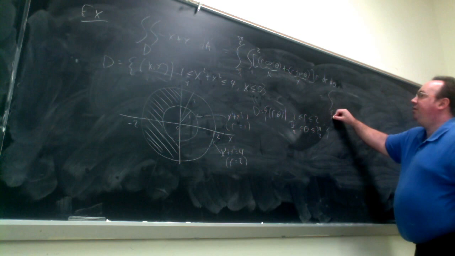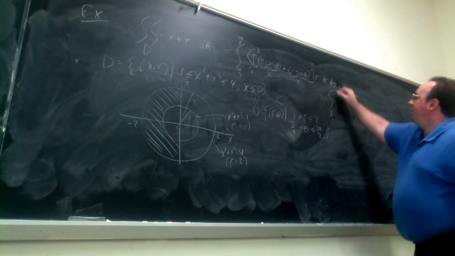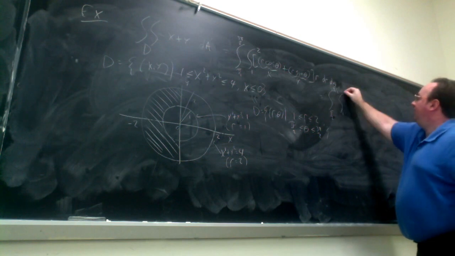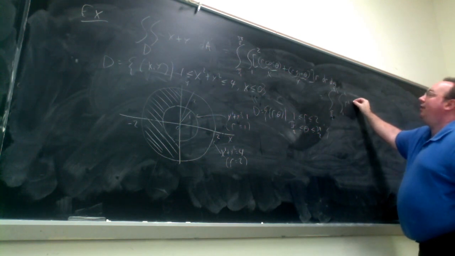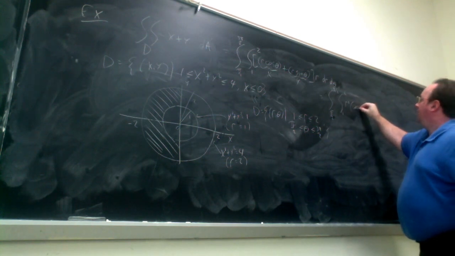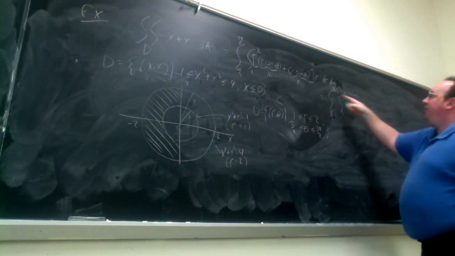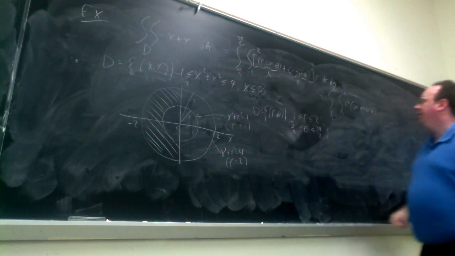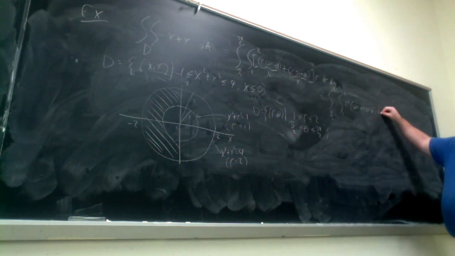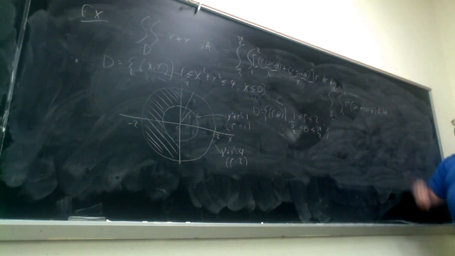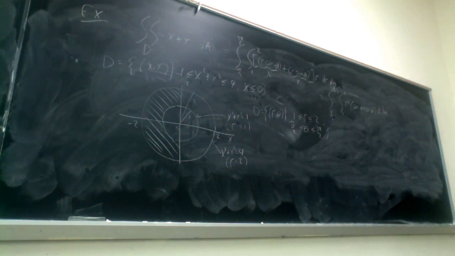we have pi over 2 to 3 pi over 2. You can write this as r squared, and then you have cosine theta plus sine theta. So I've lumped in this r with the other one. And so then we have dr d theta. And so remember what I said you could do when you have your integrand as a product of functions depending on different variables.